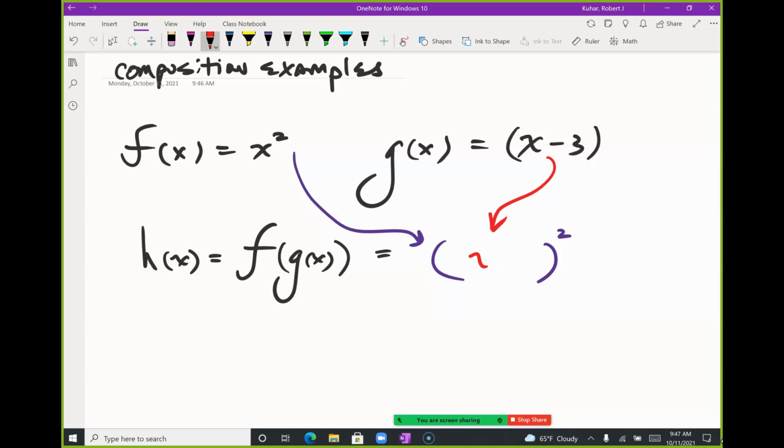My inside function, x minus 3. So I'm taking my time like that, rewriting the outside function with empty parens, plugging in the inside function, right? And so here's my function h of x now, x minus 3 quantity squared, or what? x squared minus 6x plus 9, right? There's h of x.